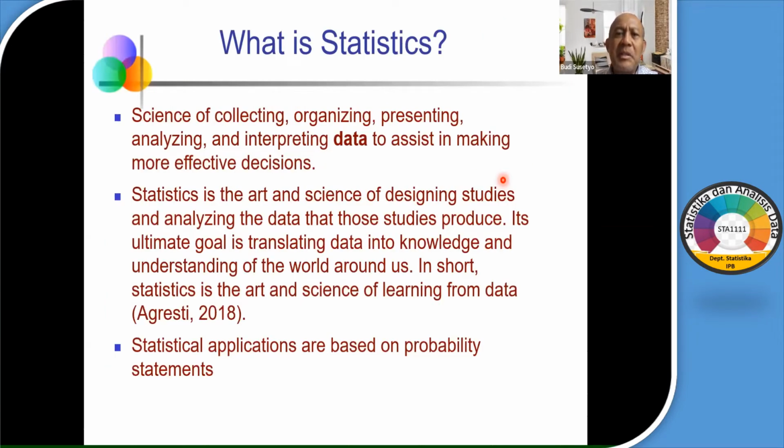So what is statistic? This is the question in this meeting. So the definition of statistic, there are many definitions. Some definitions of statistic are based on some textbook, yeah. But basically, the definition of statistic from some books have the same meaning.